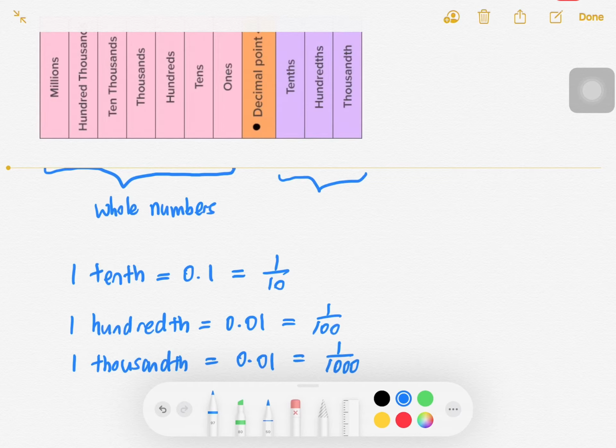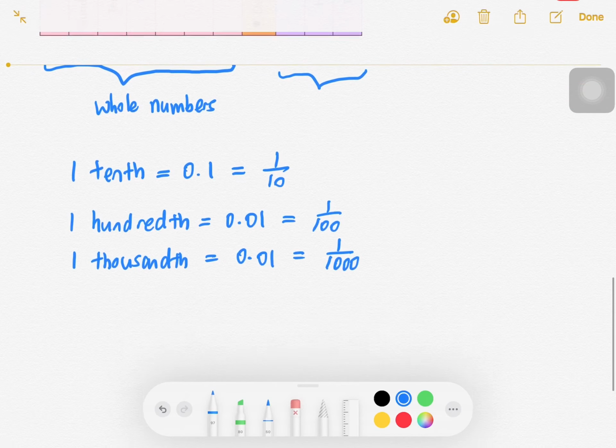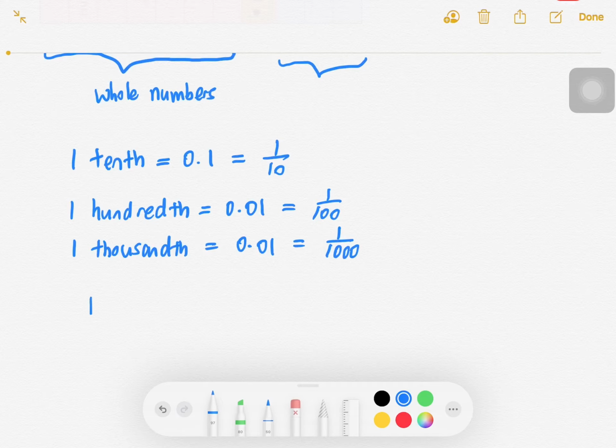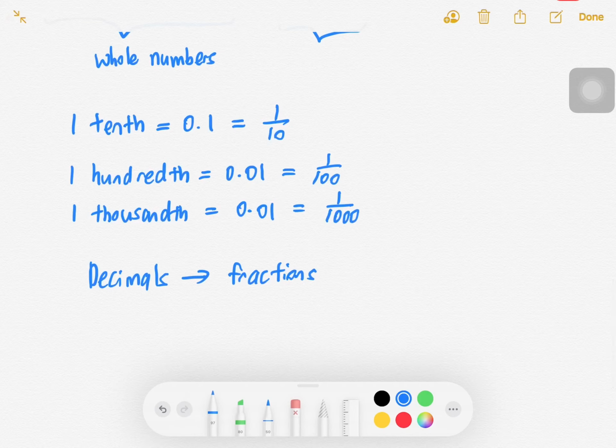And with this, that is the reason why, when we want to express decimals as fractions, we will need to convert the denominator.